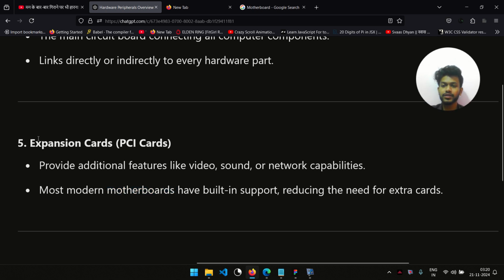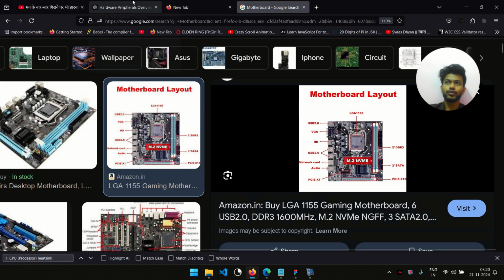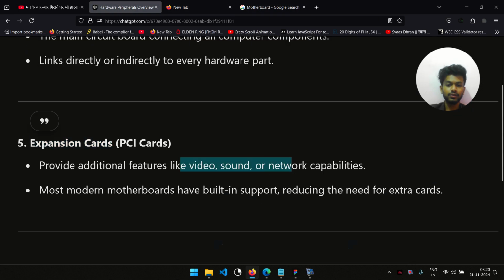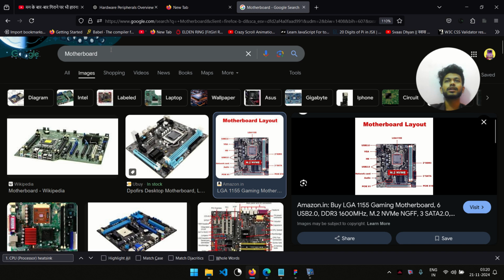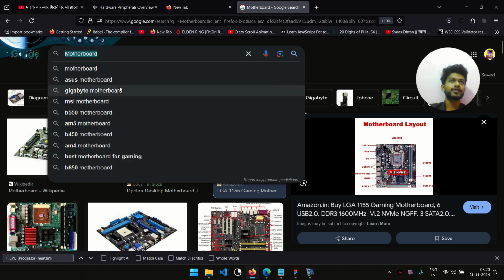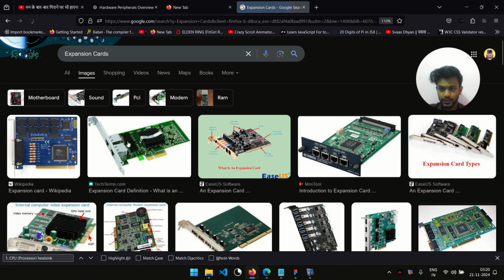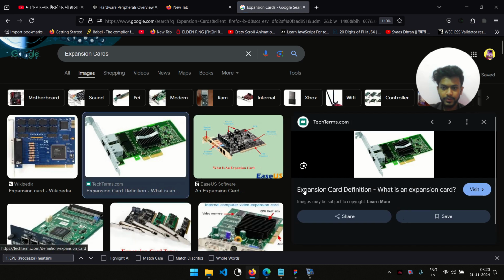What does an expansion card look like? What is the function of an expansion card? It provides additional features for video, sound, and network capabilities. So PCI cards are basically those external cards which provide the function of networks, video, and sound. So this is the expansion card definition.